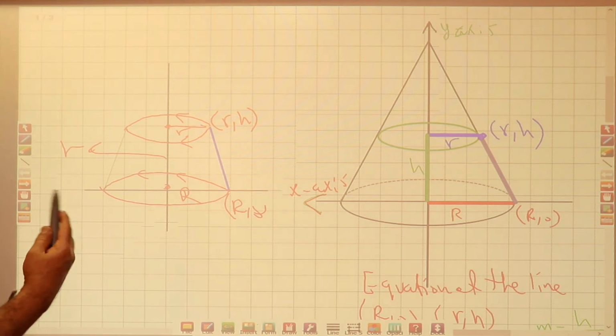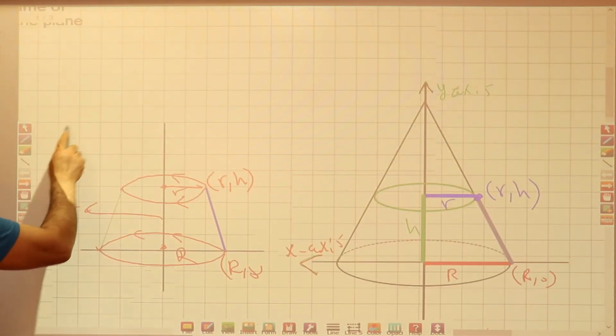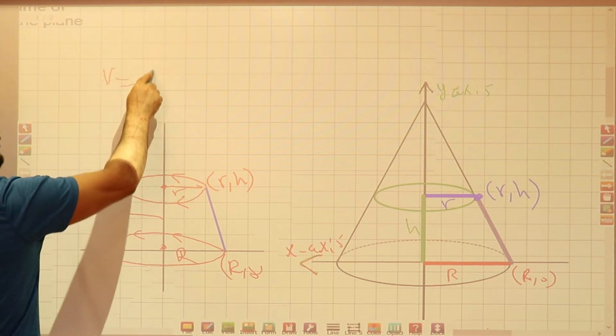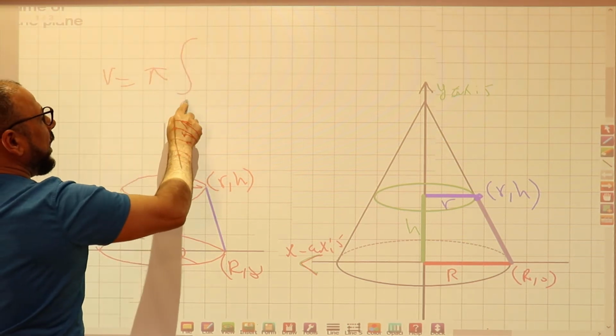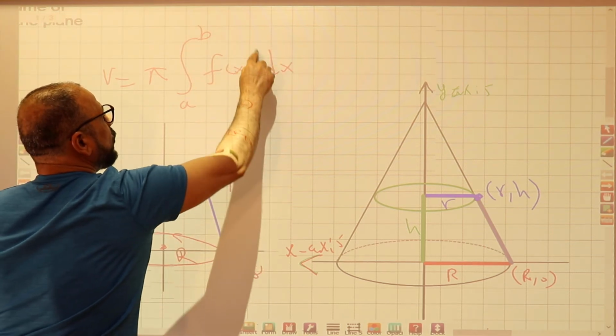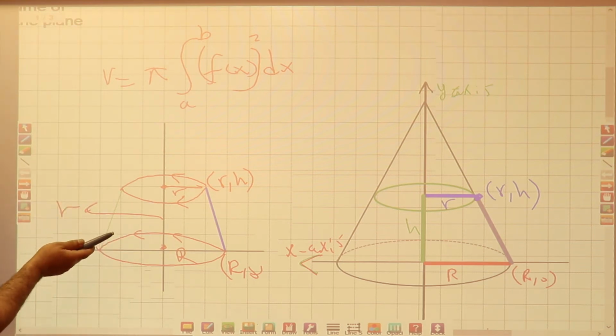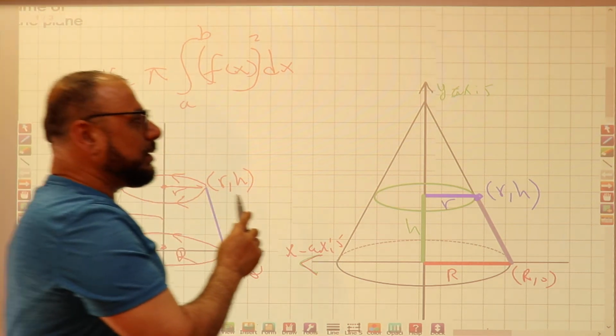If you remember from the last YouTube video, we said the volume of revolution using the disk method, about the x-axis, from a to b, is the integral of (f(x))^2 dx. Now we're going to revolve about the y-axis.